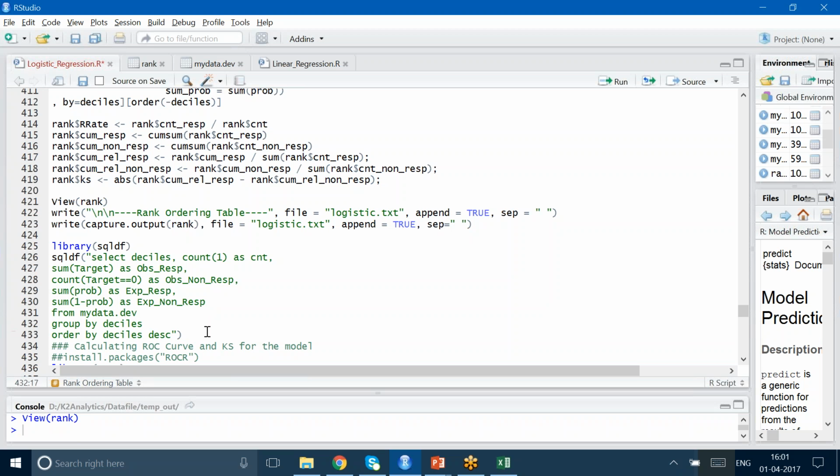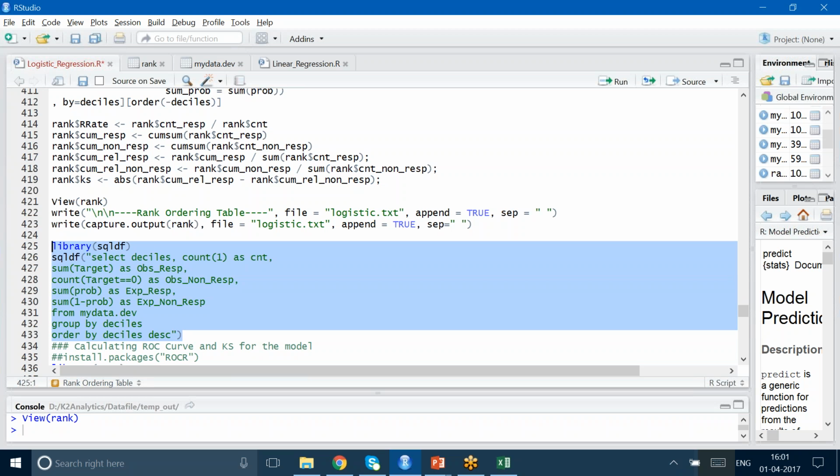I'll do it group by deciles and order by deciles. Because I cannot directly compute chi-square on a continuous variable, and probabilities are continuous, I have to group and make everything categorical. So I'm doing it based on deciles, and I'll get these numbers.